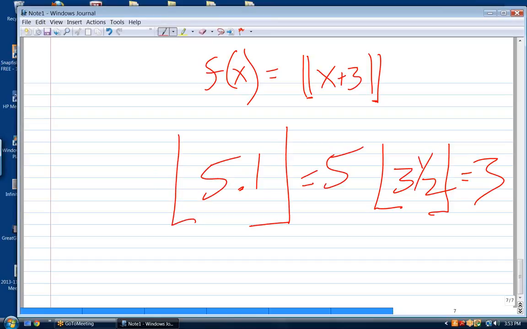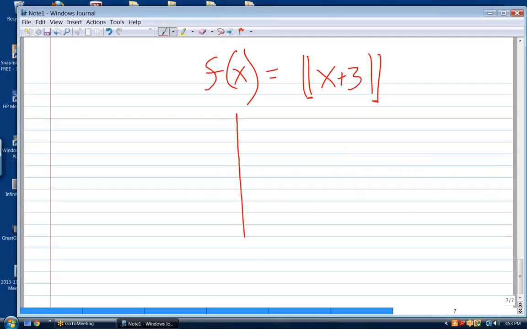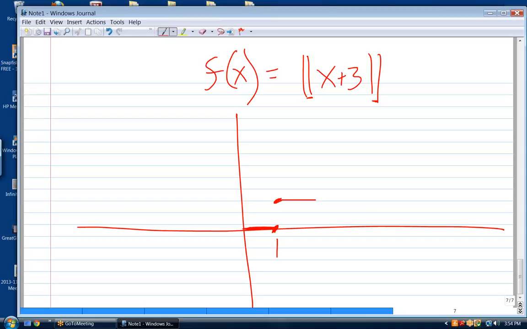So you just round down? Yeah, as long as it's positive numbers, you round down. If it's negative numbers, it's a little different. Let's graph the greatest integer function. The thing that I always know is that it's a step function.